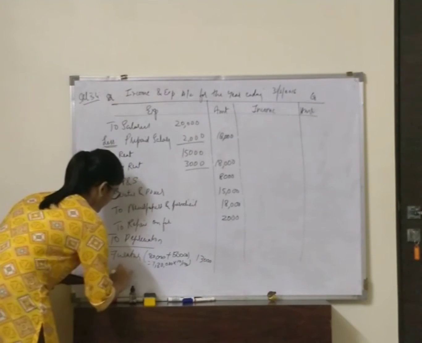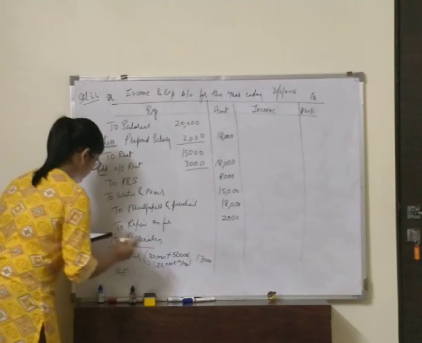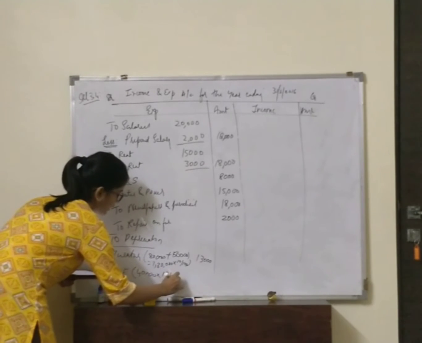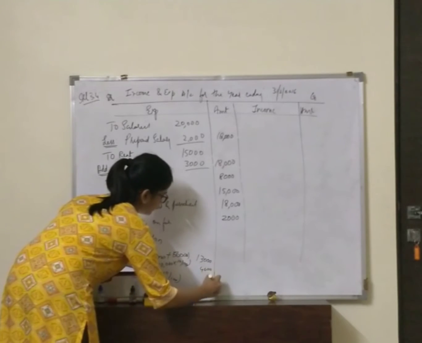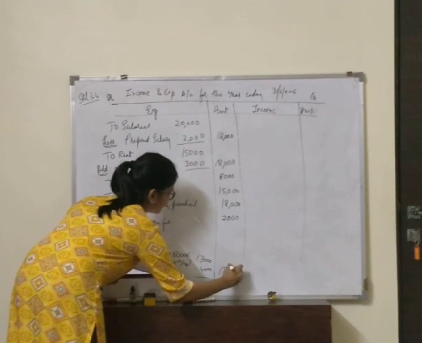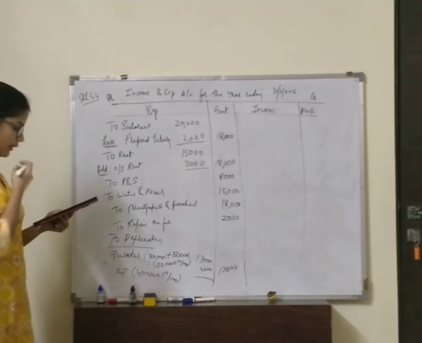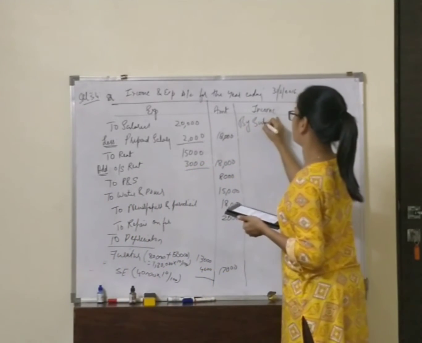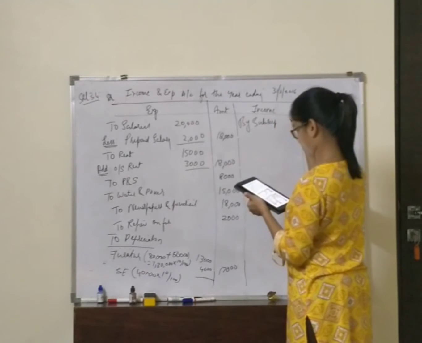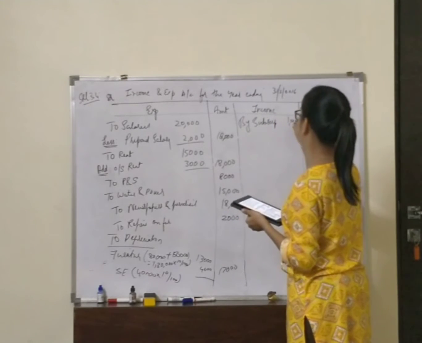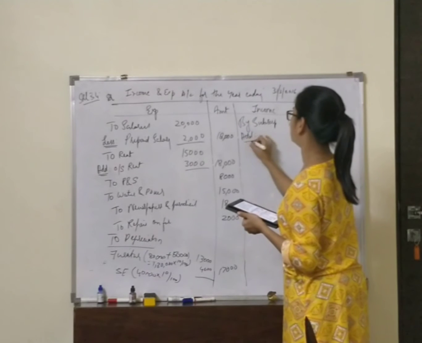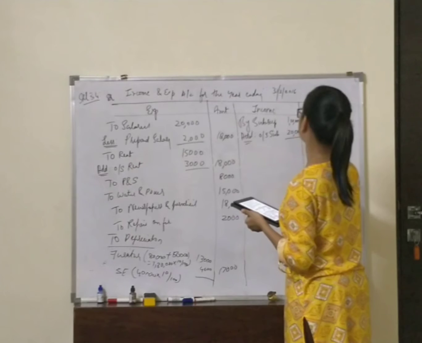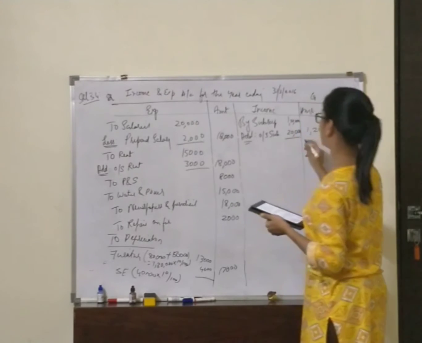13,000. Then we have sports equipment, 40,000 into 10 by 100. That is 4,000. So we get total depreciation as 17,000. Then on the income side we have by subscription, 1 lakh. Add outstanding subscription 20,000. We get 1,20,000.